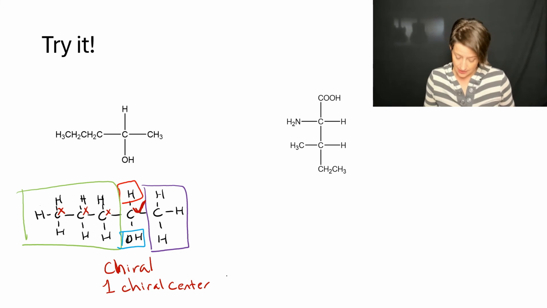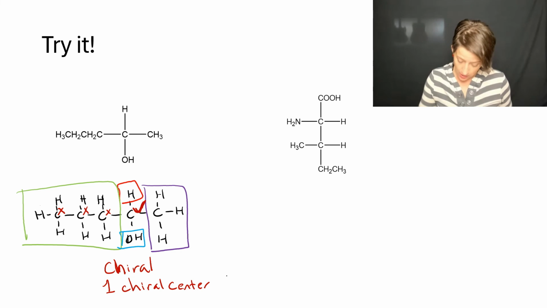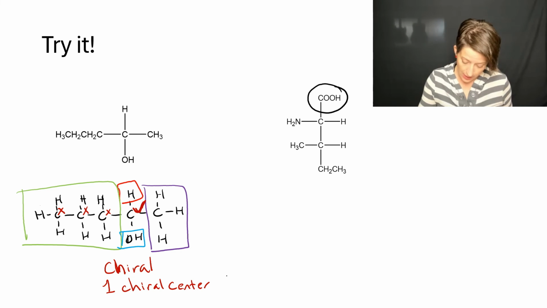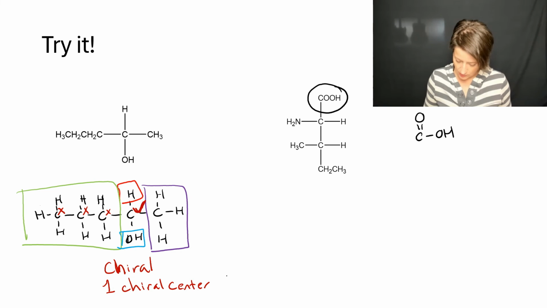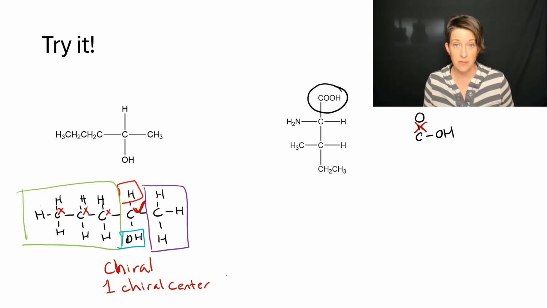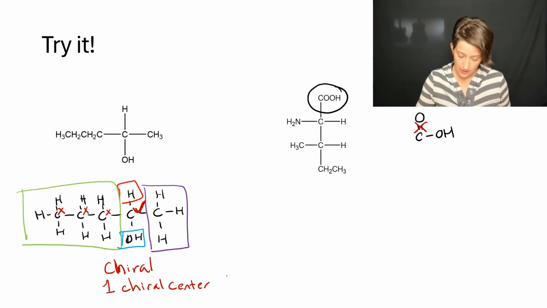Looking at our next compound. This COOH is a carboxylic acid. Because it has a double bond, it can't be chiral because it only has 3 total groups, and we need 4 groups, or a tetrahedral, to have a chiral carbon.